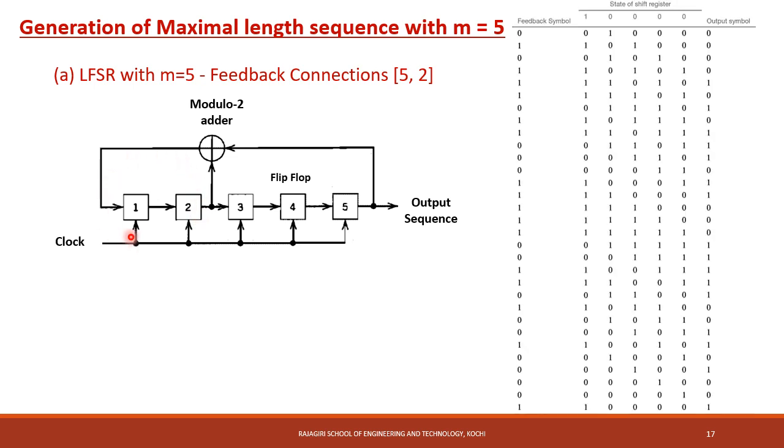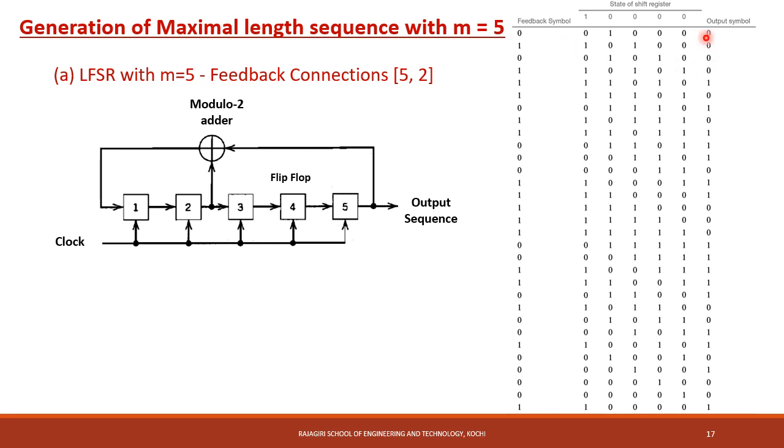Now, when you generate the sequence using the same logic, we have made the initial state of the shift register 1, 0, 0, 0, 0. In each clock cycle, the output of the second flip-flop XOR fifth flip-flop is fed back to the first flip-flop, which is determined by the feedback symbol. And we obtain the output symbol from the fifth flip-flop.